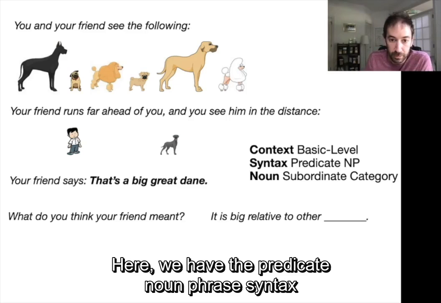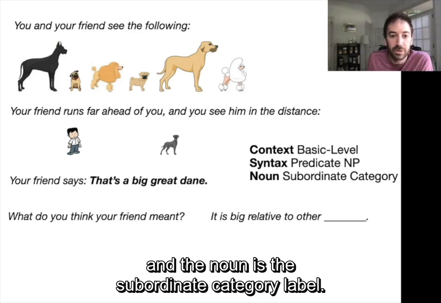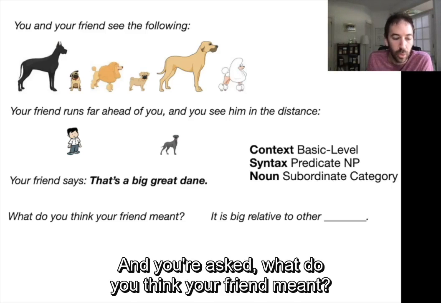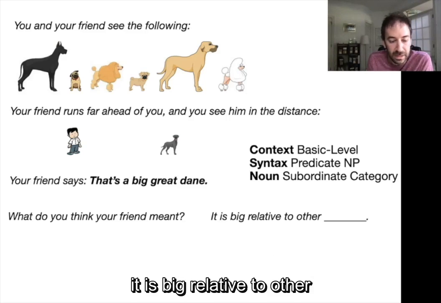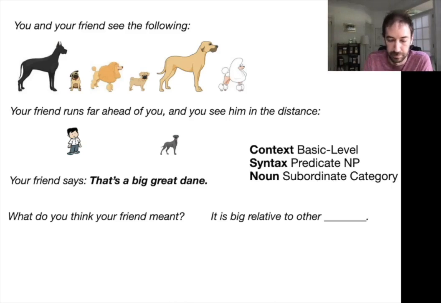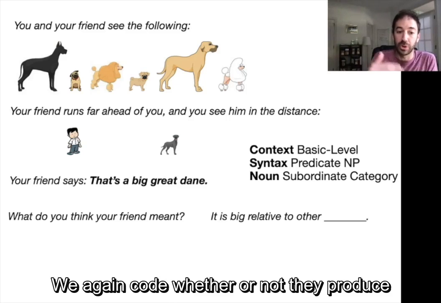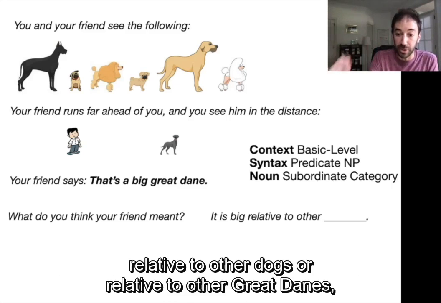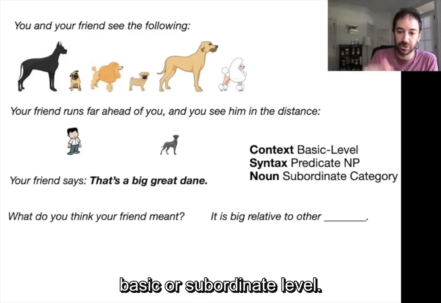Here we have the predicate noun phrase syntax, and the noun is the subordinate category label. Then you're asked, what do you think your friend meant? It is big relative to other, and then you can freely respond. We again code whether they produce relative to other dogs or relative to other Great Danes, basic or subordinate level.